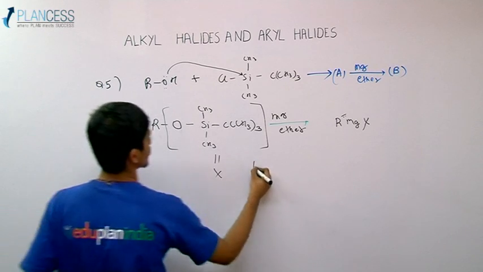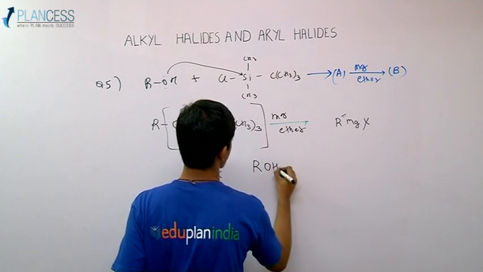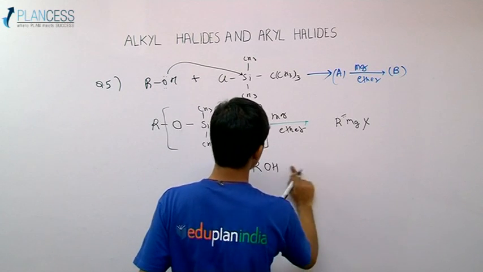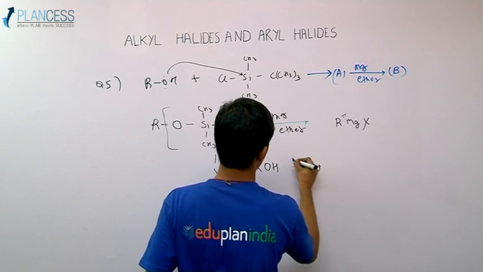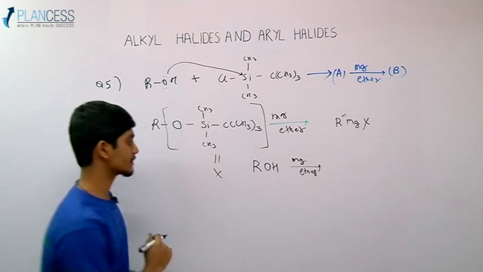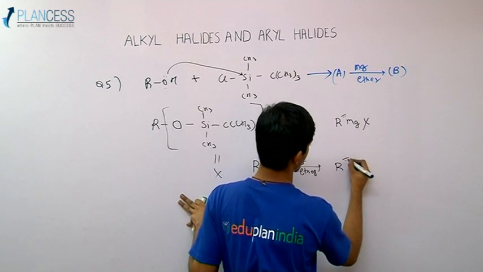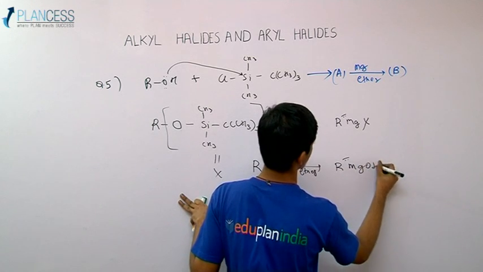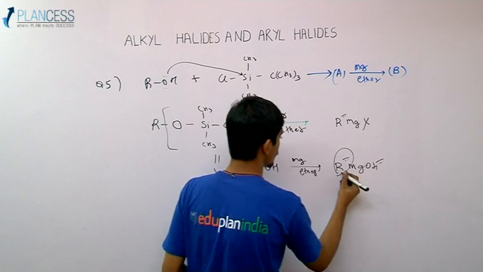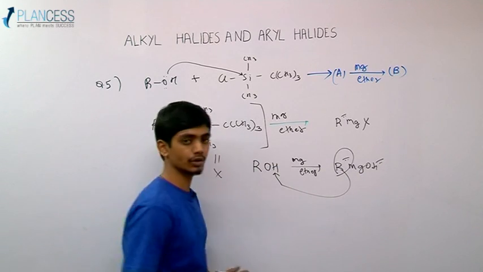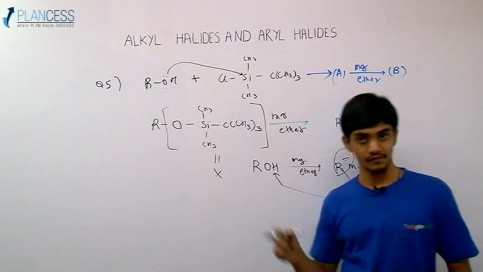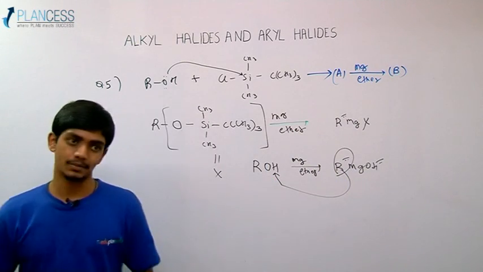Because if you directly take ROH plus some Mg ether like this, then in that case what happens is, you will get the Grignard reagent as Mg OH minus, no problem. But this R minus will immediately react with another molecule of ROH and will be destroyed, because we know R minus is a very strong base and it can abstract.